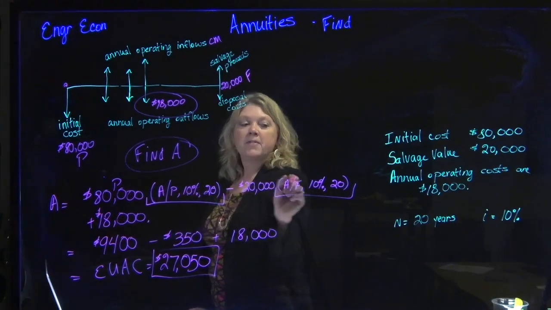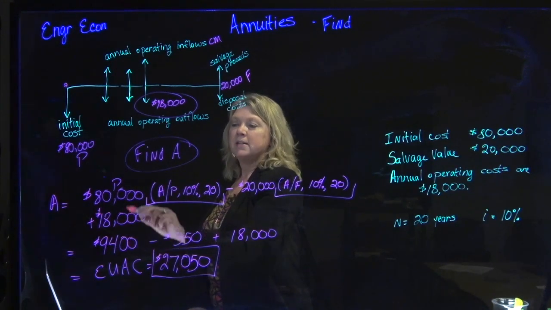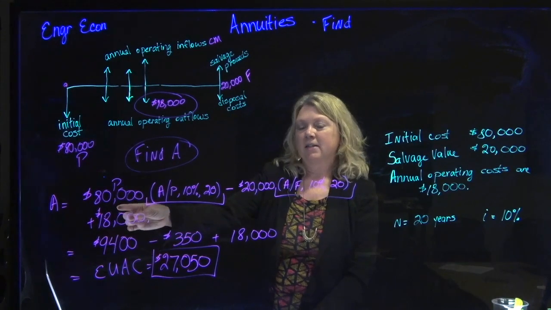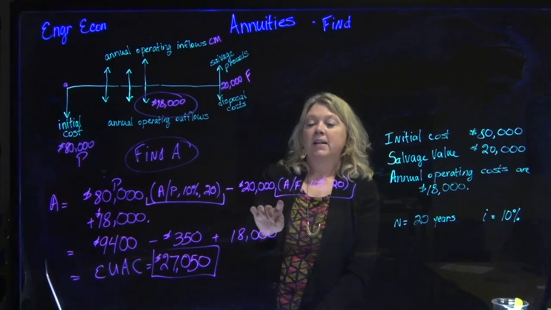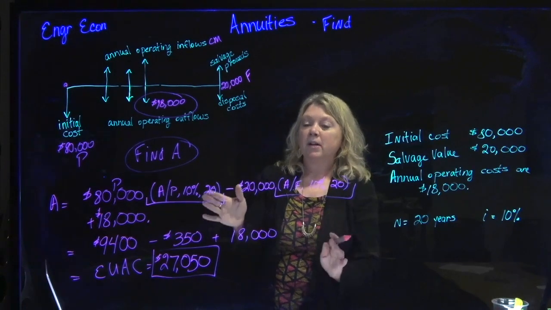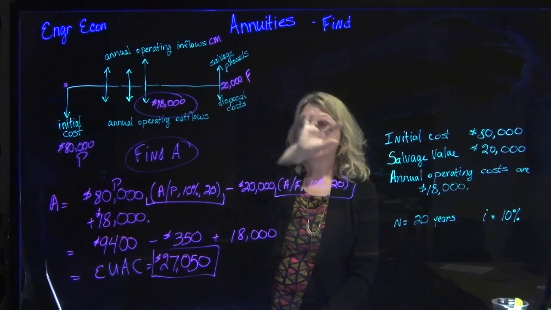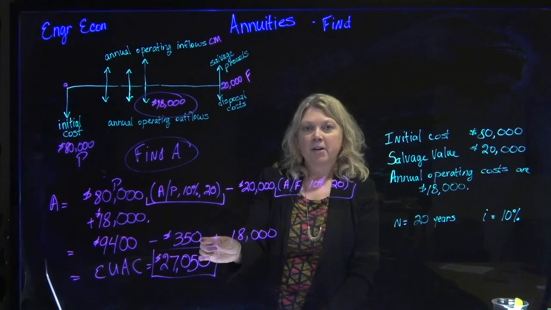So I pick up these factors and multiply by the numbers next to them. I get 9,400 is the annualized amount of that initial cost, minus $350 is the average annualized salvage value in 20 years. Spread out over those 20 years, it averages out to $350 per year.